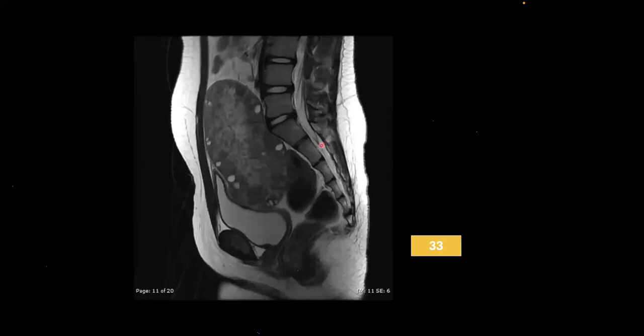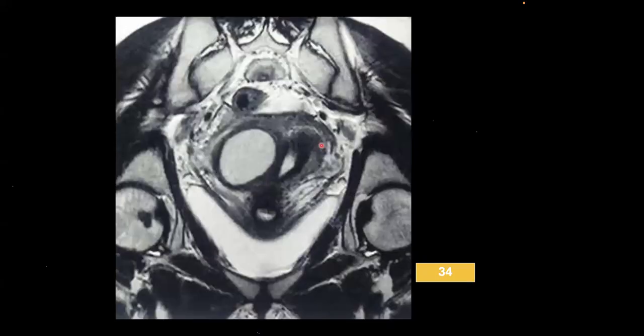Okay. So actually the uterus, it's not a midline section. I guess the uterus has been displaced by this. It's an ovary.